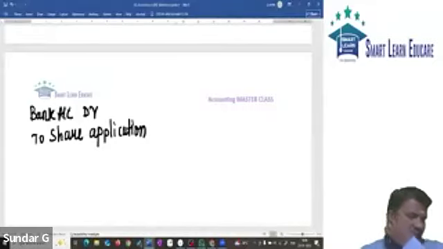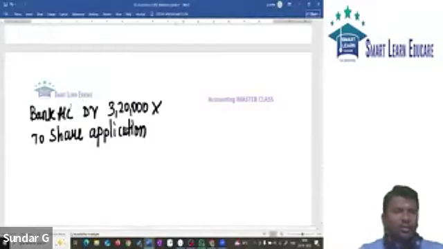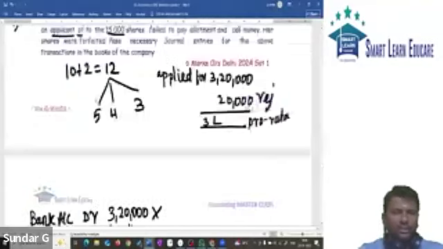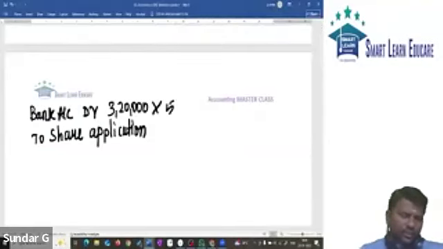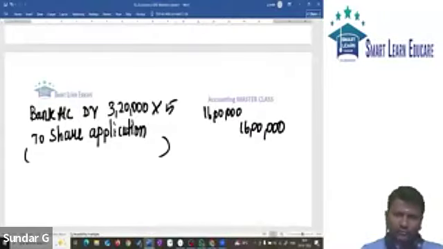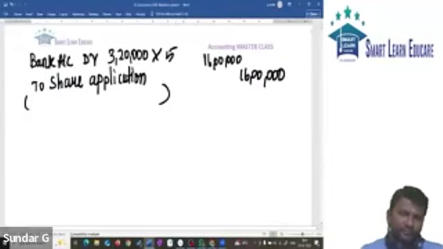How many shares in total? 3,20,000 shares' applications were received. What is the price of the share? 5 rupees. 3,20,000 into 5 is 16 lakh. Narration you should write.